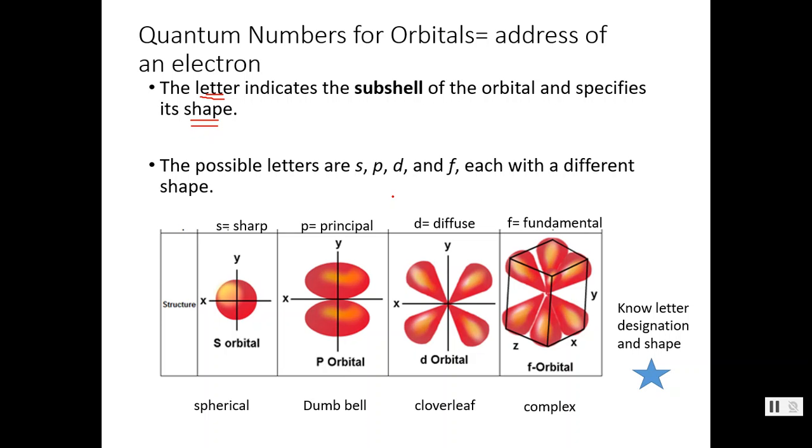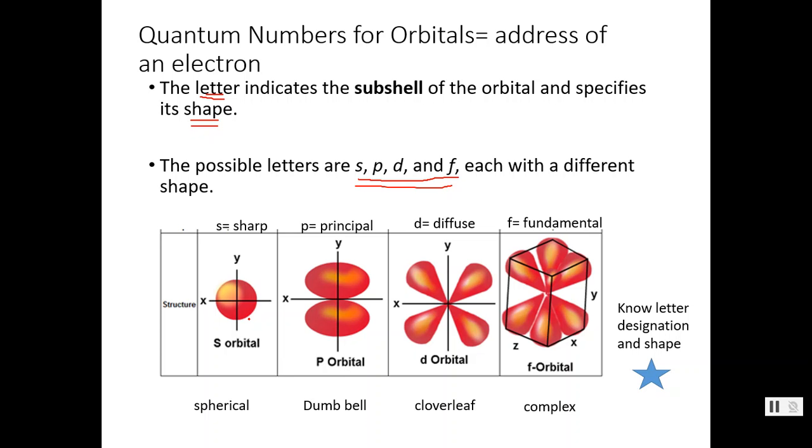So this letter, this part of the electron's address, can have 4 possible values, or 4 possible choices. Those letters for the subshell are S, P, D, and F. Now, why scientists decided on those letters, you can kind of see here, is based upon the shape of the region of space, or the shape of the orbital, where an electron is for that atom.